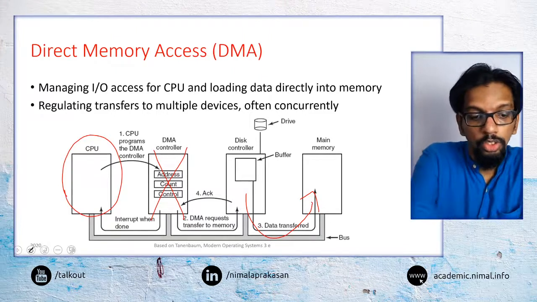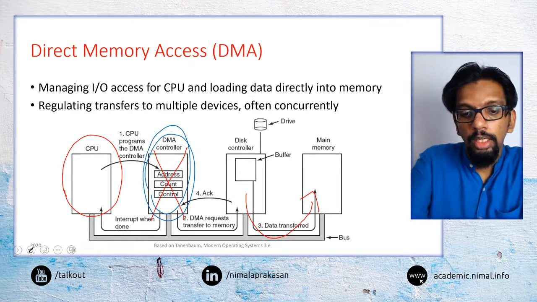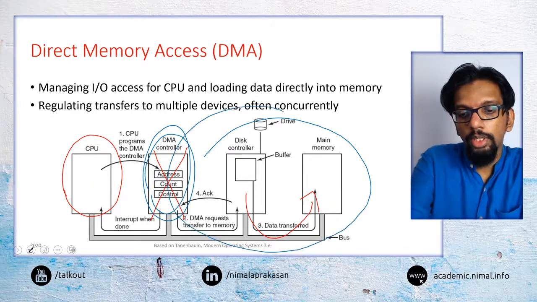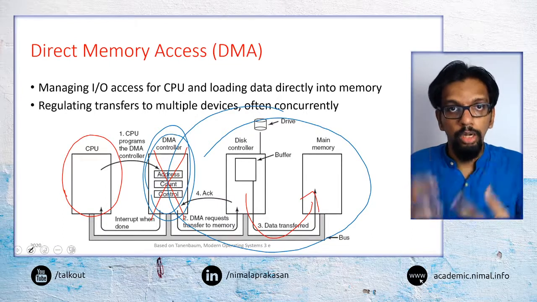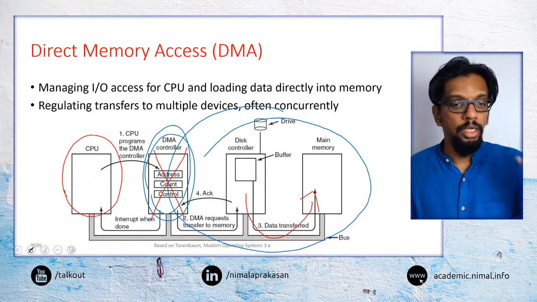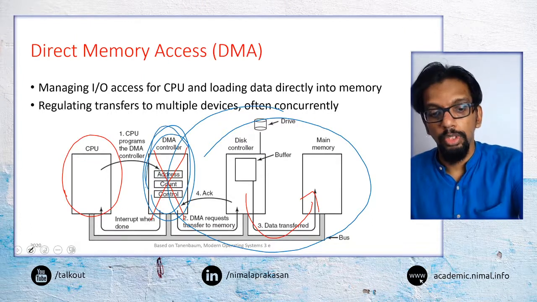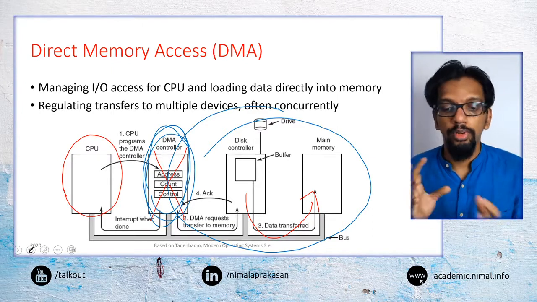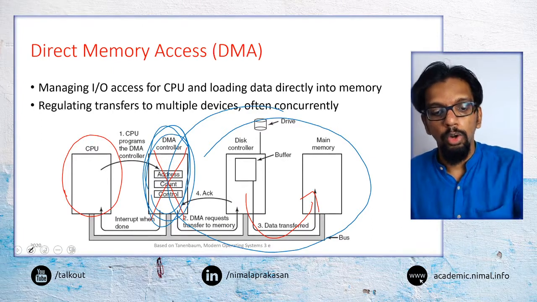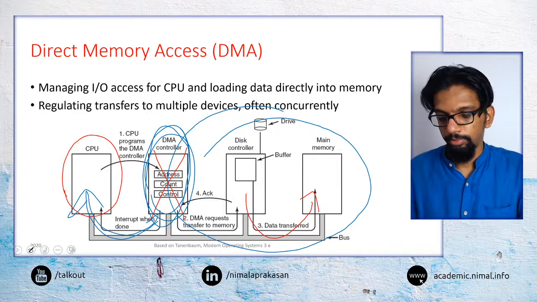By having a DMA controller in the mix, it can manage all these things because it is a processor on its own, so it can do its own processing and doesn't have to rely on the CPU to do basic computation. It will do some basic computation relevant to transferring data, and only inform the CPU when that task is completed.